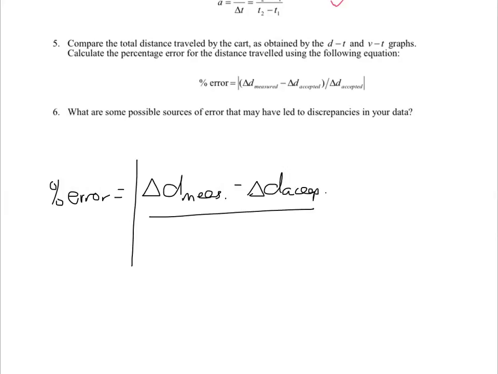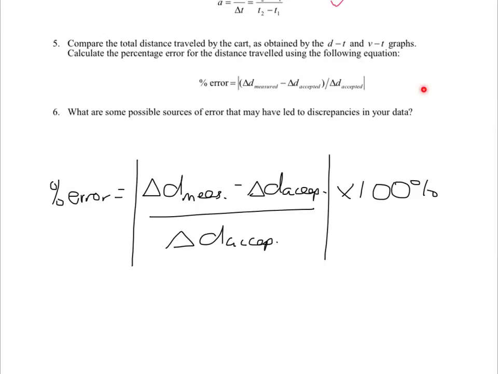All of this divided by delta D accepted, multiplied by 100%. Now obviously I did leave this part out in the original equation, so please can you guys do me a favor and add this times 100% over there as well.